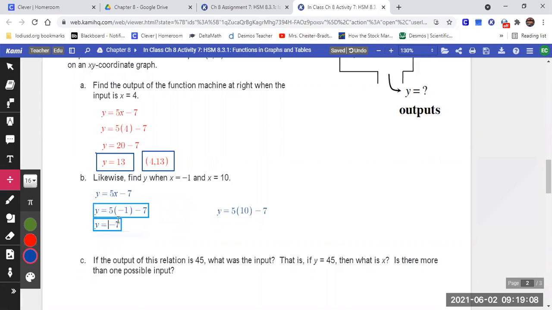Do our math. 5 times -1 is -5. And then we have to combine it with the -7. So what do we get? A -5 with a -7 gets us what?